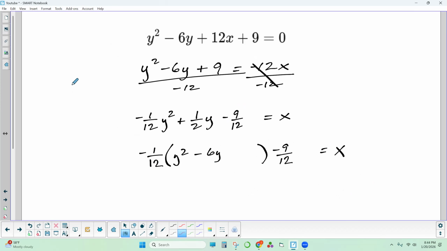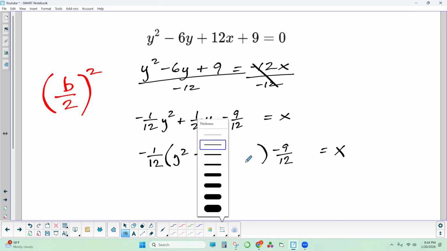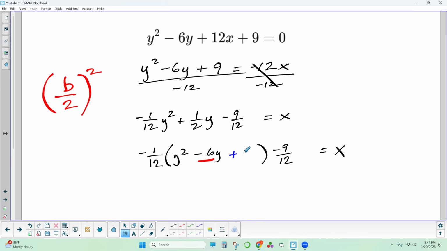Now again, we're going to take b, that is negative 6, half it, and square that. Half of negative 6 is negative 3. Square that, we get plus 9. Again, it appears that I added 9, but since we did factor this out, we really subtracted 9/12.